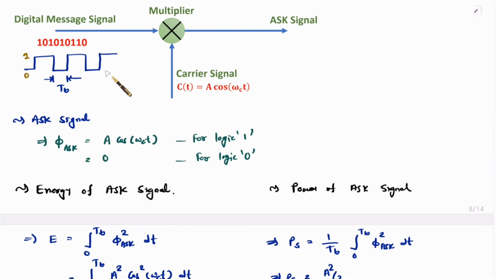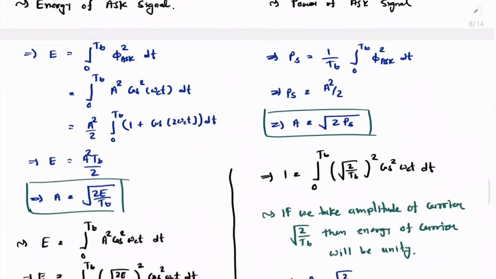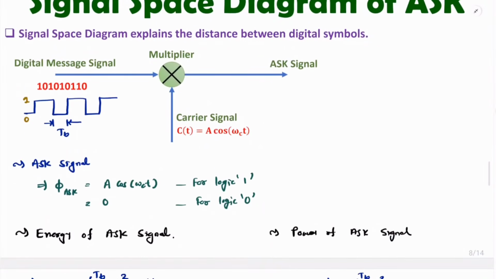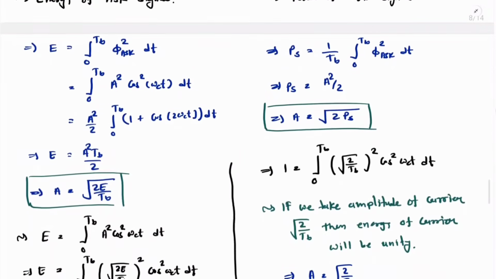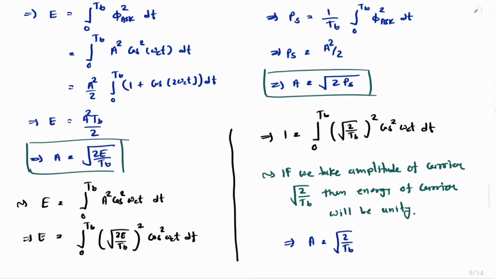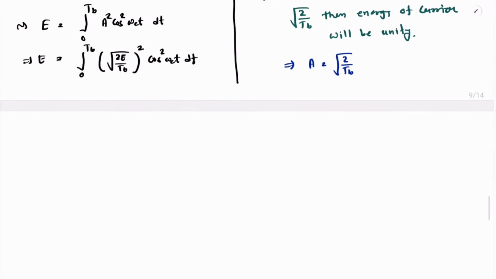So here, if you talk about phi of ASK, I have defined it over here, right? But over here, instead of A, I'll consider this A in terms of power first. So let me note down the ASK signal again.